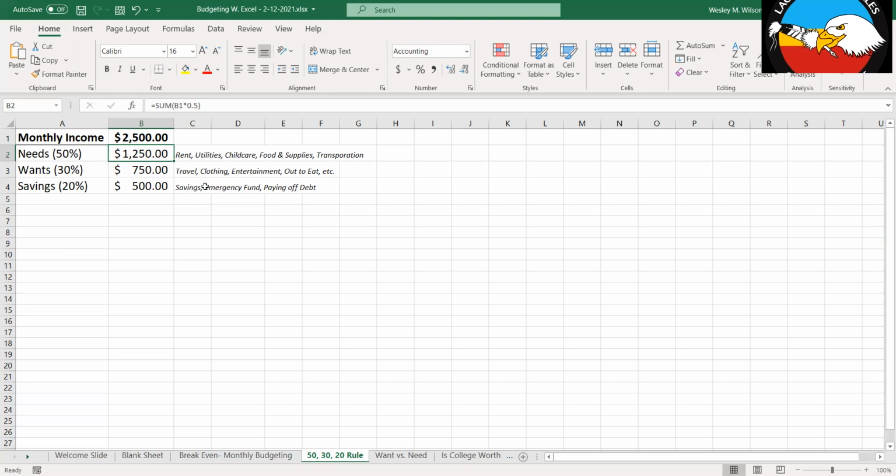Again, no budget is going to be perfect. Some people can only save 10% a month. Some people might only be able to do 15% on their wants and then 70% in their needs. But it's just kind of a good principle to live by. If you can make it work in this formula, that's a really good formula for financial health and wellness.